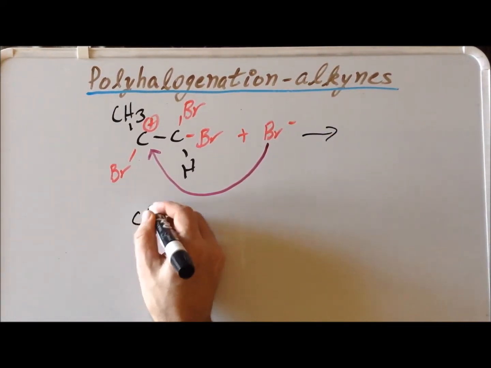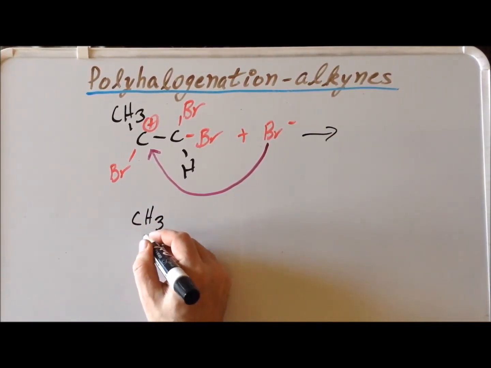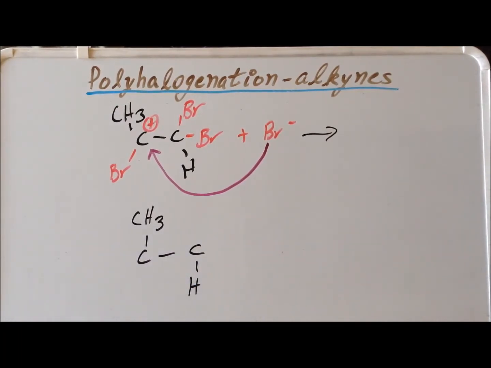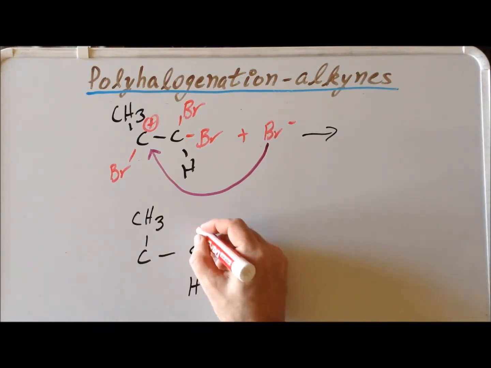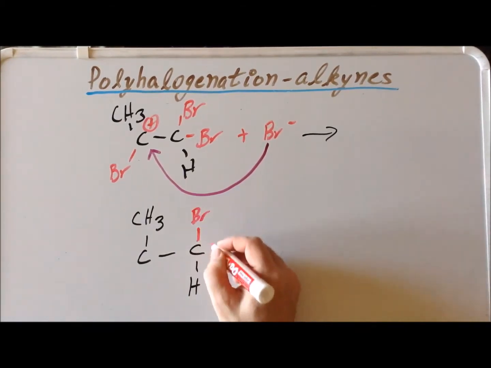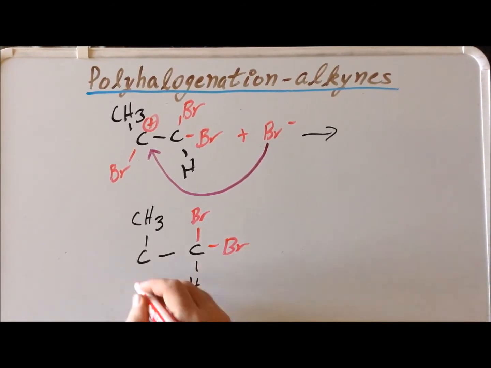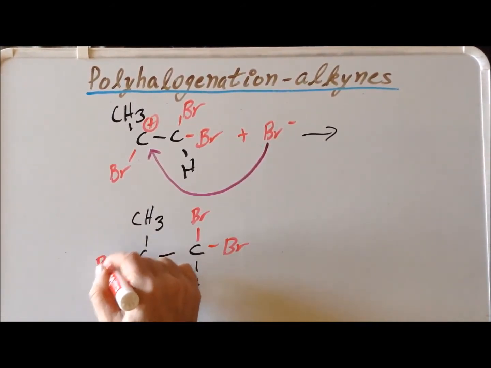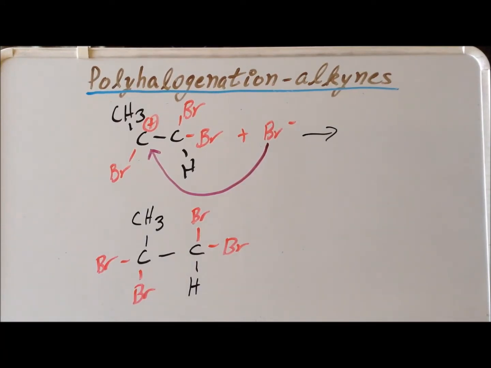And we get, so we notice that we have a 3-carbon chain, so this is a propane. So we have 1,1,2,2-tetrabromopropane.